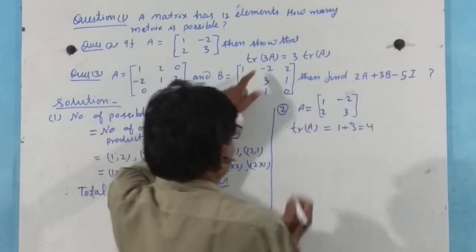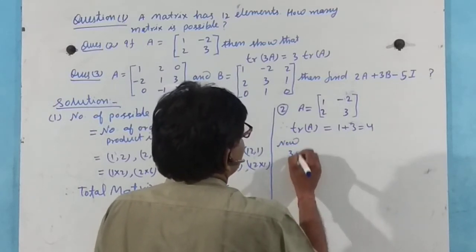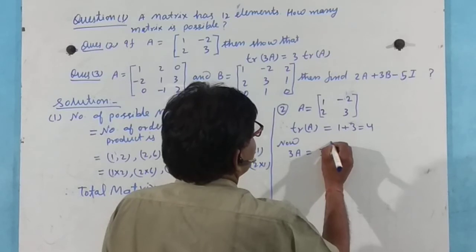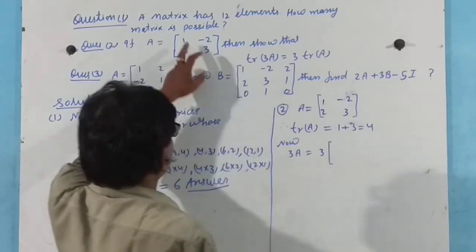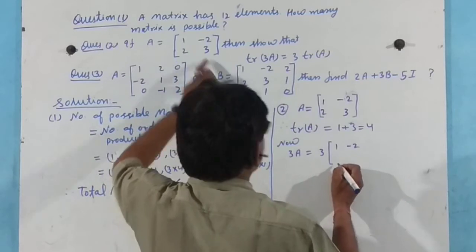And now 3A means 3 times A, equal to 3 minus 6, 6 9.